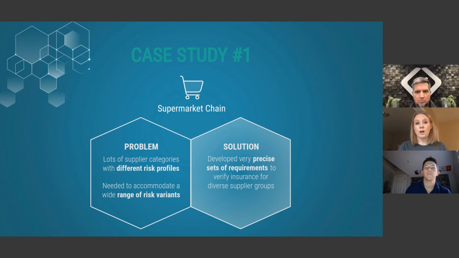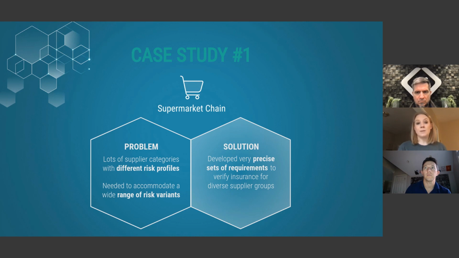And so one of the key things that they were looking for, and what we helped them with, is to be able to actually get more granular and more specific in what they need to verify for these different vendors. So we went from 20 different requirement sets to over 50 different requirement sets.